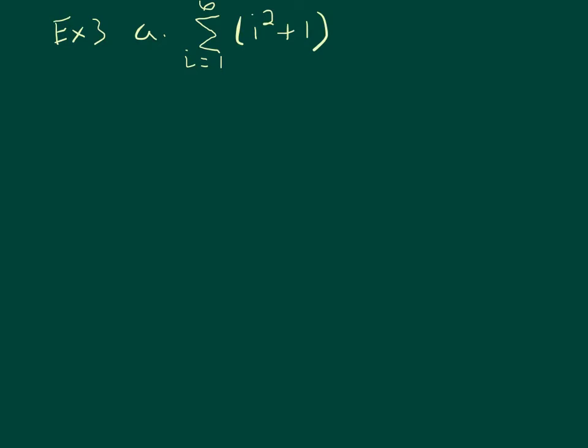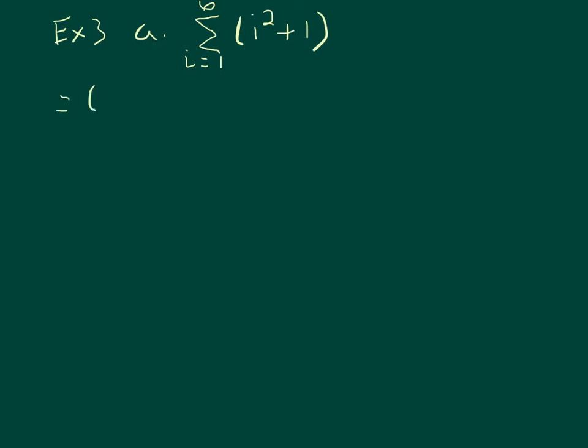So we're starting at 1 and plugging 1 in for i, and we're summing that to plugging in 2 for i, and then 3 for i, and 4, all the way to 6. So here's what it looks like.